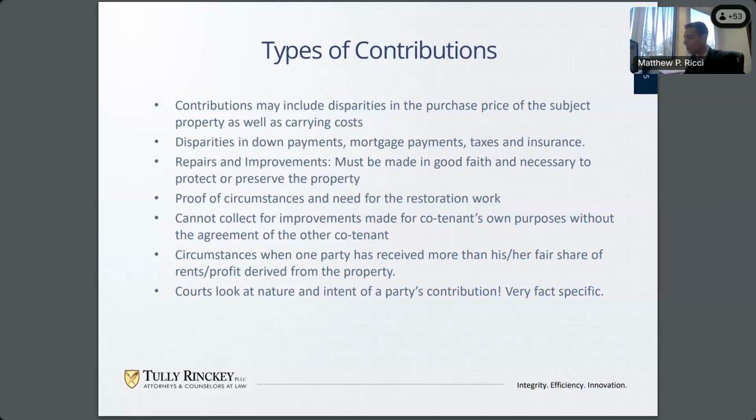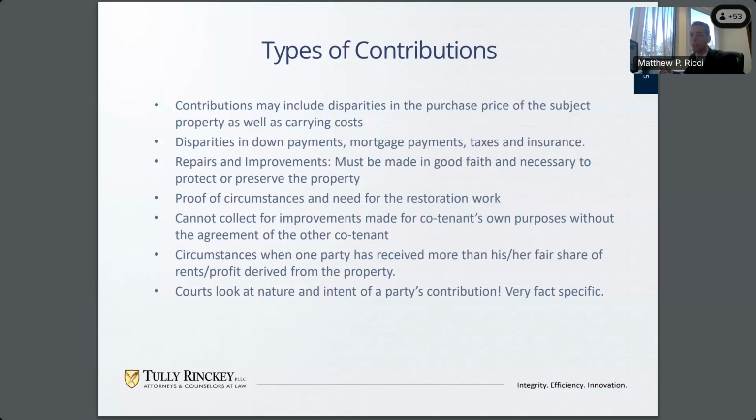Examples where repairs and improvements are necessary: tornado, hurricane, the roof blows off the house, the roof starts leaking. Obviously, work to repair the roof is necessary to preserve the property. Also, maybe there might be flooding. There may be issues with walkways.